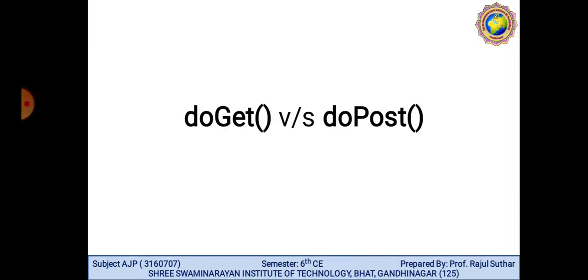In this session, we will discuss the doGet as well as doPost method. In the previous discussion of the servlet life cycle, three methods were already discussed: init, service and destroy. In this section, we work with the doGet method as well as the doPost method of HTTP request and response.